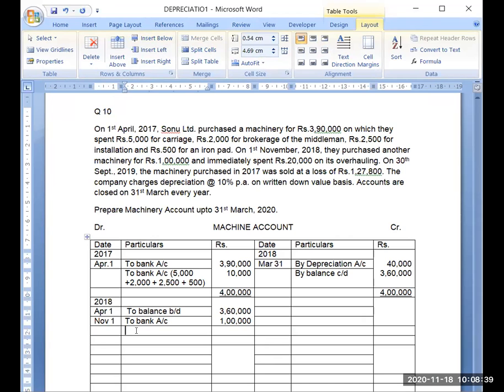Then here also we have incurred some expenditure on its overhauling, 20,000.